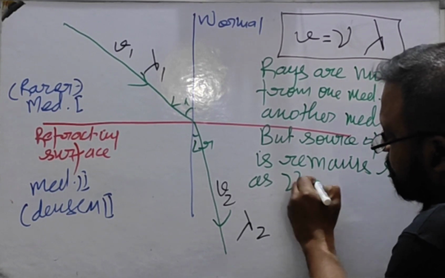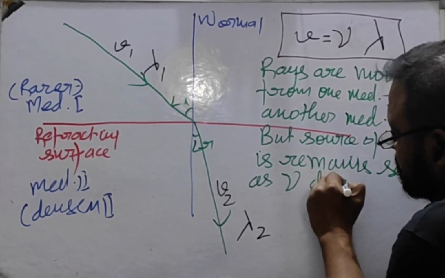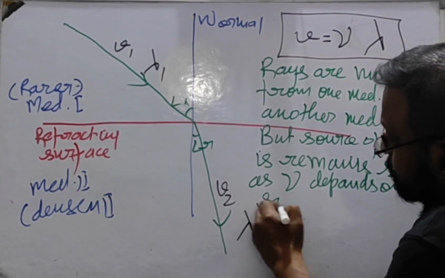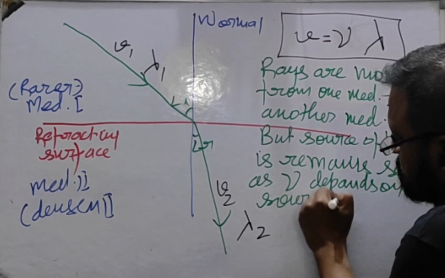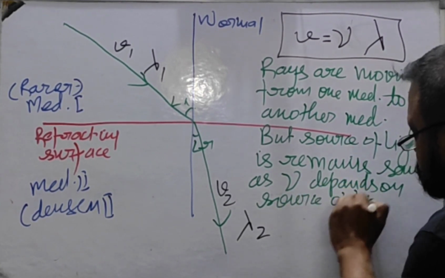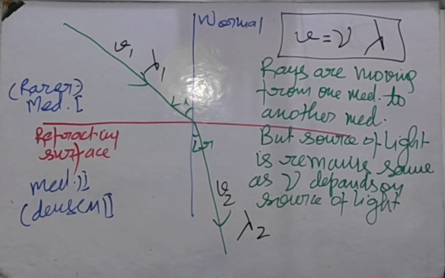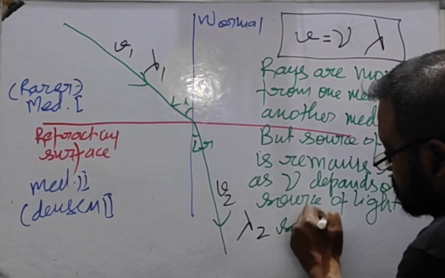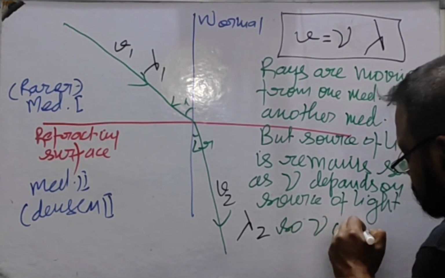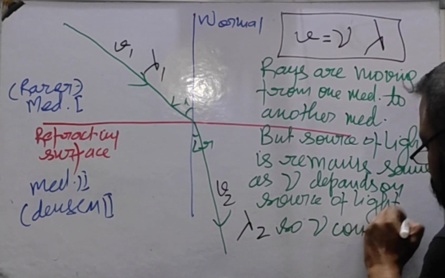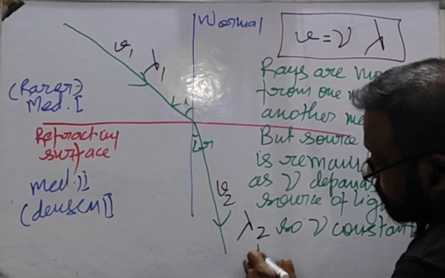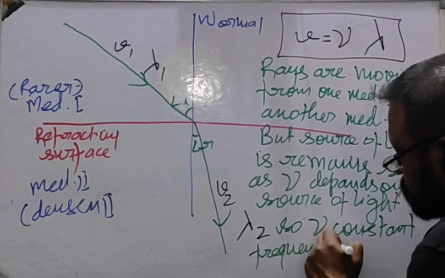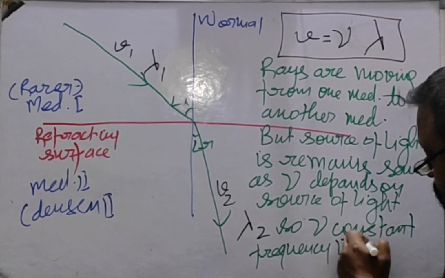Frequency nu depends on the source of light. So nu is constant, which means frequency is constant. Got it?